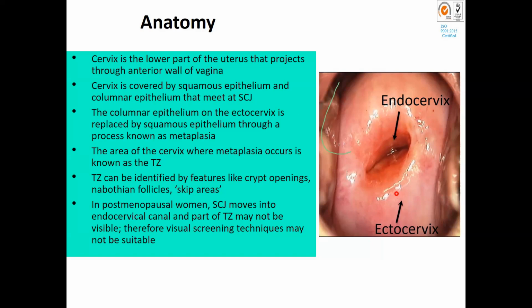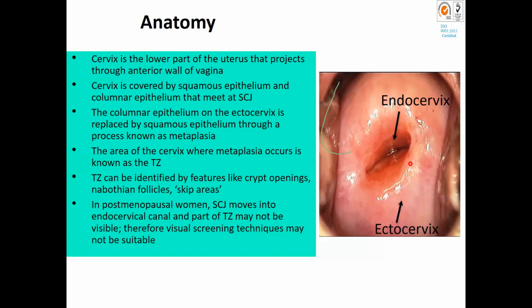What usually happens between the two parts, we have different changes that usually occur at the endocervix and the ectocervix. So the two meet at a point, and this is one of the points that we really consider when we are doing screening, where the columnar epithelium and the squamous epithelium meet. This is called the squamocolumnar junction.